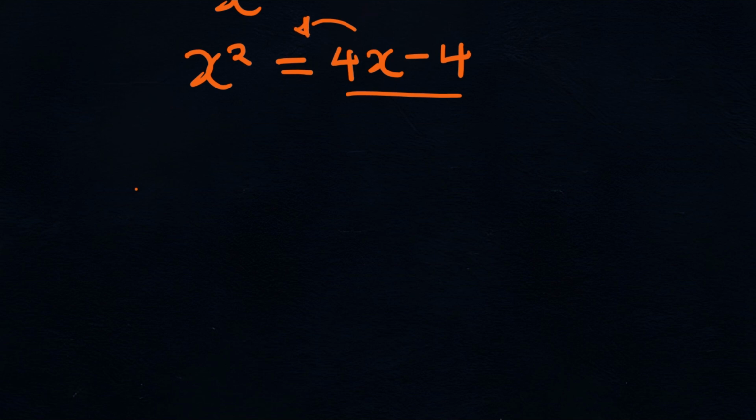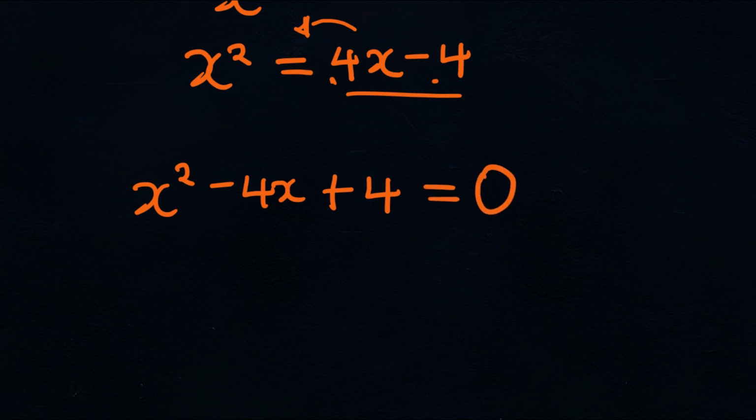So we are going to have x squared minus 4x because it was positive here, and then this one was negative, so it has to be positive, so it's going to be plus 4. And then on the right hand side, we are going to be left with nothing, so this is going to be equal to 0. And then the next step is going to be factorization.